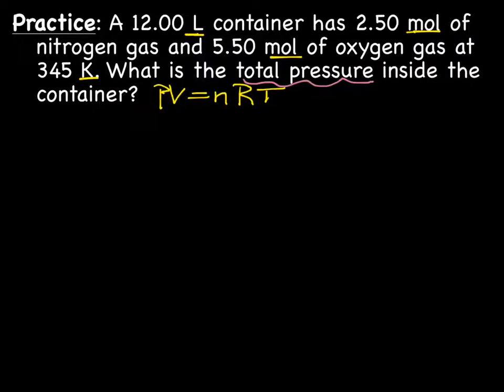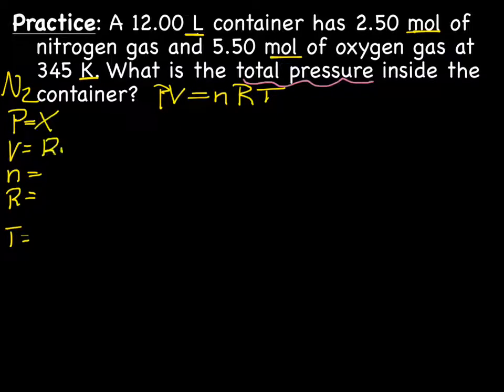All right, so let's list our variables. We've got P, V, n, the constant R, and T. Let's start by solving for nitrogen gas. So pressure is what we're looking for. We don't know that. We know our volume is 12 liters. The number of moles of nitrogen gas is 2.50.